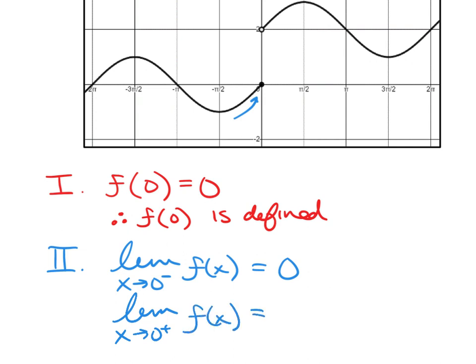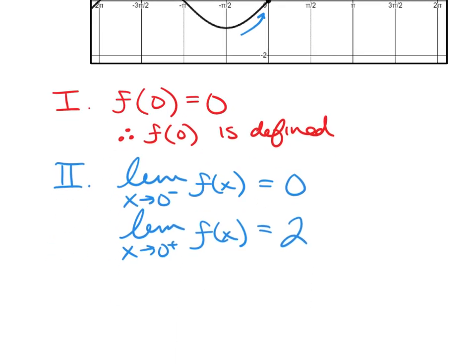What is it equal to as we approach 0 from the right side? What are we getting close to? 2. So does this limit exist? No. So that's a problem. We would say, therefore, the limit as x approaches 0, no plus or minus, does not exist.